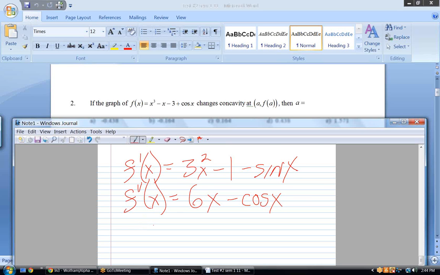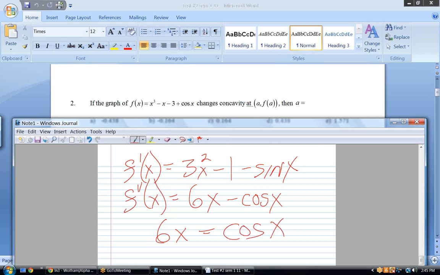Okay, so now we're going to set this equal to 0. So really, the equation I have to solve is 6x equals cosine x. Now, you're allowed, this is a calculator test?